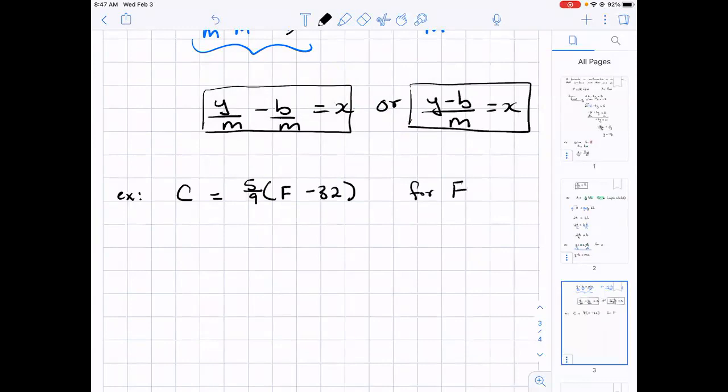So this is the formula that converts Fahrenheit temperature to Celsius. F stands for Fahrenheit, and C is the Celsius. So for example, if today is, I don't know what temperature it is today, let's say 30 degrees.